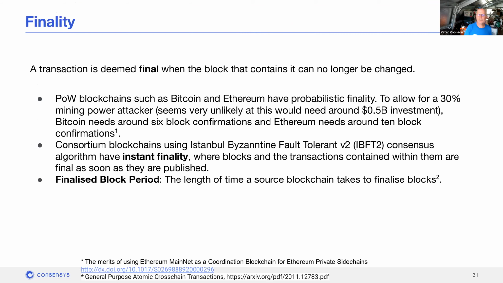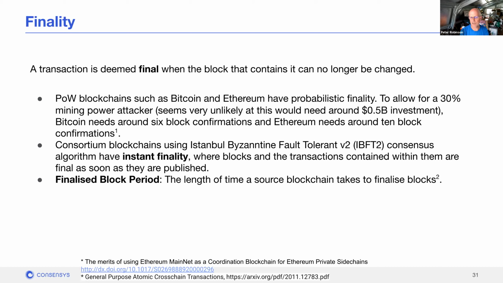So another thing to consider is finality. A transaction is only deemed final when the block that contains it can't be changed. I actually did some analysis on this, and there's a paper down the bottom there, but essentially in Bitcoin, you've got say 6 block confirmations, and in Ethereum, maybe it's about 10.